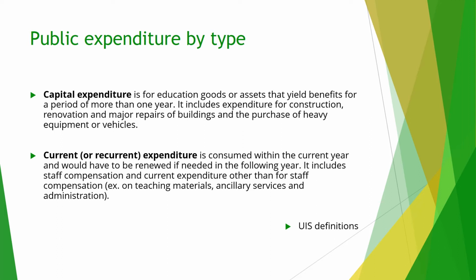In some other cases, they are considered current expenditure. You may hear me during this presentation use current or recurrent expenditure interchangeably. Both terms are used. UIS talks of current expenditures. You will see in many resources that recurrent expenditures is used more frequently.